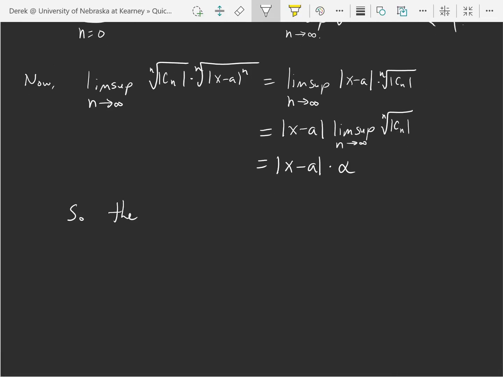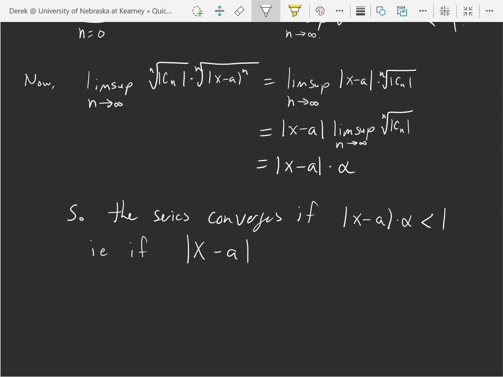So the series converges if the absolute value of x minus a times alpha is less than 1, i.e. if x minus a in absolute value is less than r, i.e. if, well, this is the distance from x to a is less than r, so if x is in a minus r to a plus r.